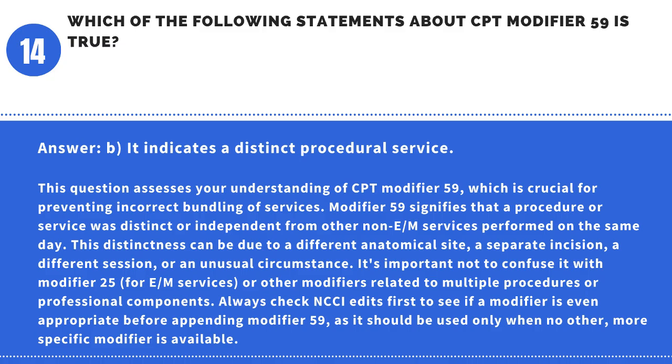It's important not to confuse it with modifier 25 for E/M services or other modifiers related to multiple procedures or professional components. Always check NCCI edits first to see if a modifier is even appropriate before appending modifier 59, as it should be used only when no other, more specific modifier is available.